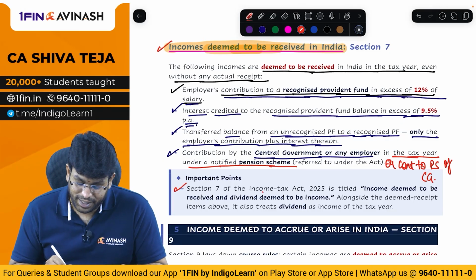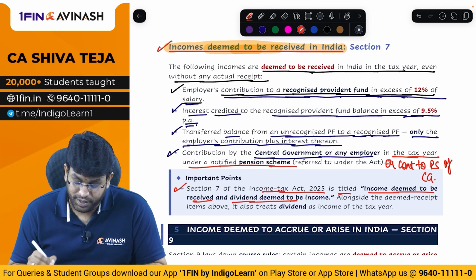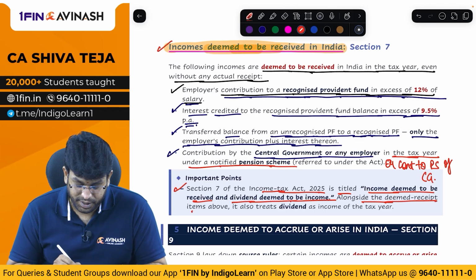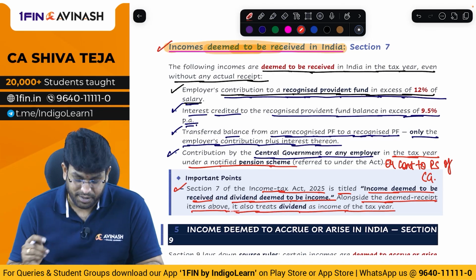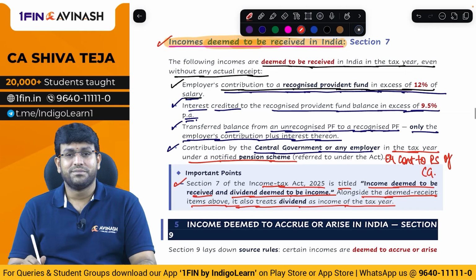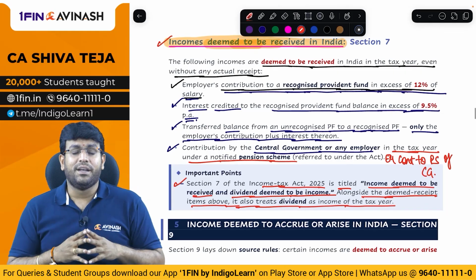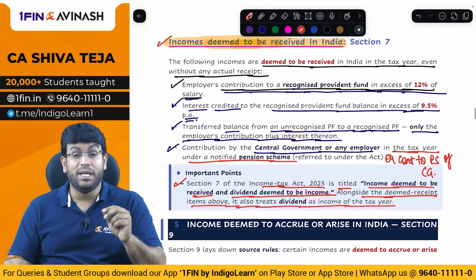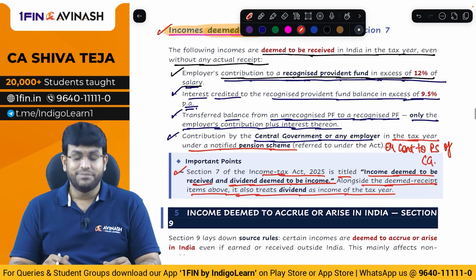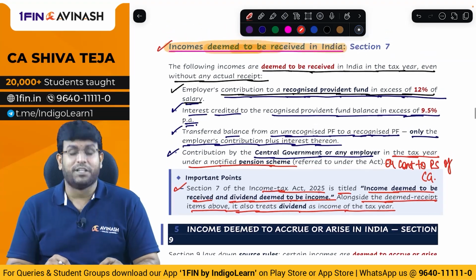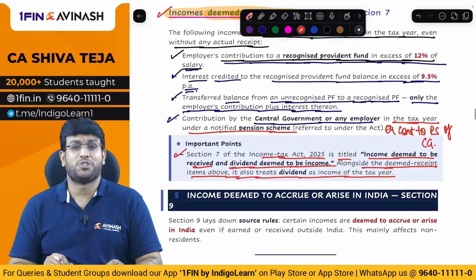Section 7 of Income Tax Act 2025 is titled Income Deemed to be Received and Dividend Deemed to be Income. Alongside the deemed receipt items above, it also treats dividend as income of the tax year. Got it, friends? Good. So section 7 deals with income deemed to be received in India, and also deals with dividend income. So that is the story of section 7, important discussion.